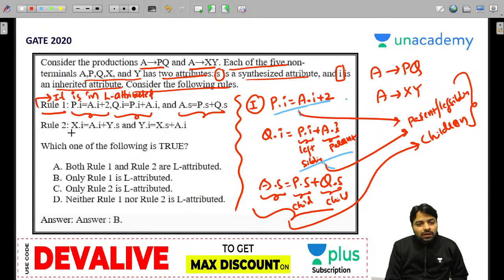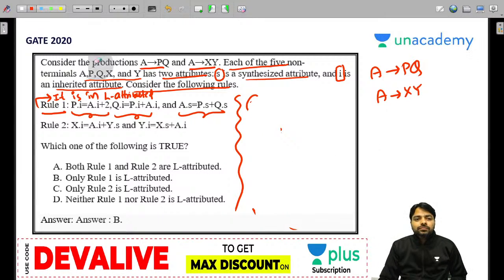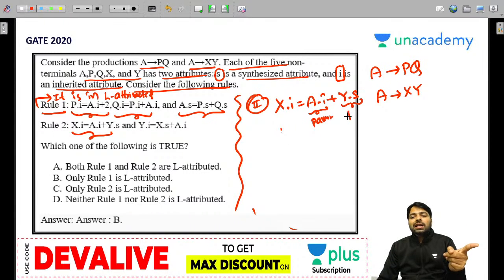Now second one, I'm deleting whatever I have done so far because the second point I'm going to take here. Second rule, X dot I, you are computing based on A dot I plus Y dot S, doesn't matter, guys. Here you are computing X by depending on the parent and on X's right sibling.